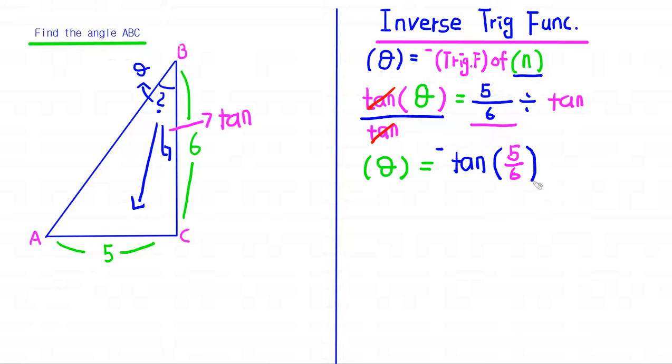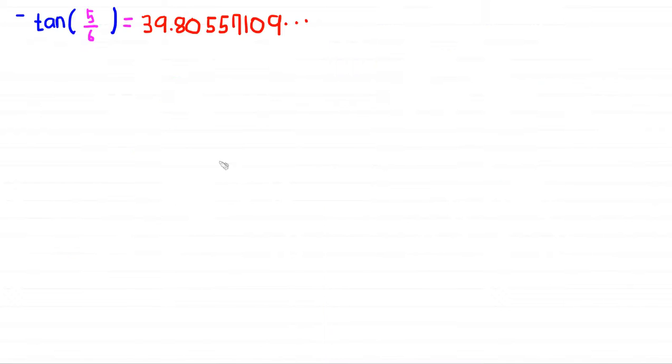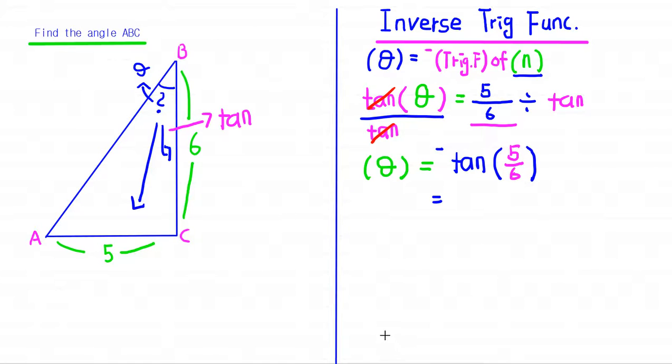The inverse tangent of 5 over 6, I already calculated this expression right over here. It is equal to 39.80557, and it goes on and on. So let me copy and paste this expression on this page.